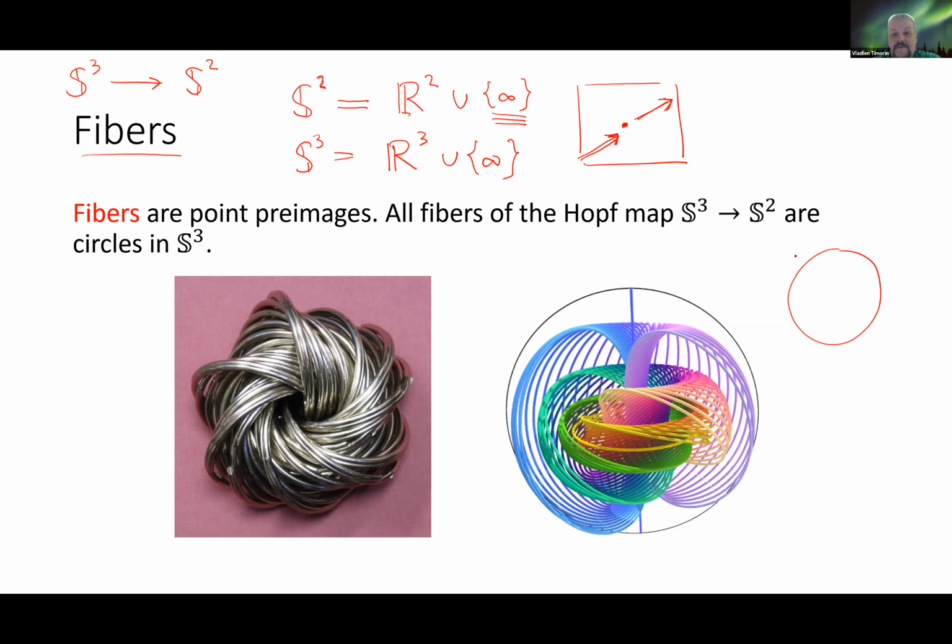And there is a way of visualizing this. So there are many circles that are all disjoint and whose union is the three space. And these circles are fibers of the Hopf map. They also form what is called the Hopf fibration. The Hopf fibration is this way of representing the three sphere as a union of circles.